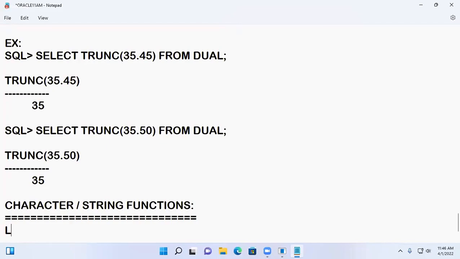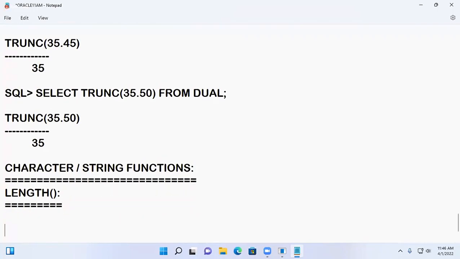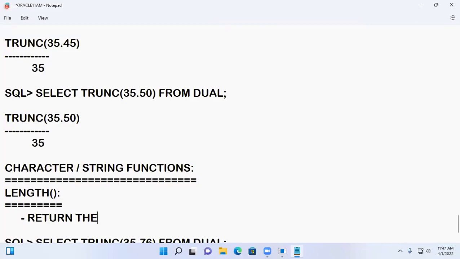In this, my first function is called what now? The length function. My first function name is Length. This function returns the number of characters in the given string expression.